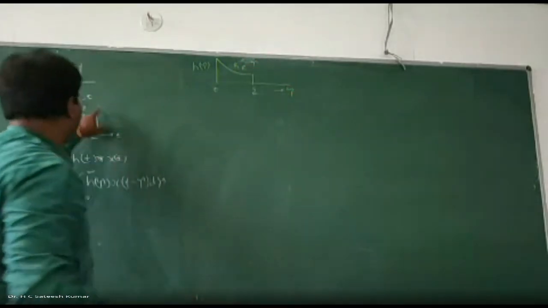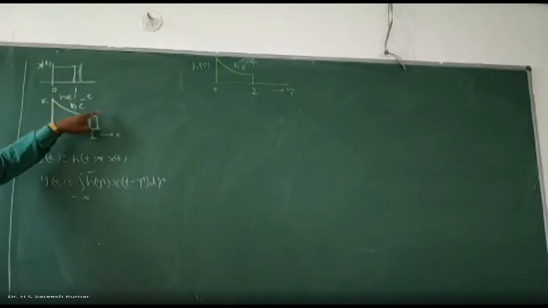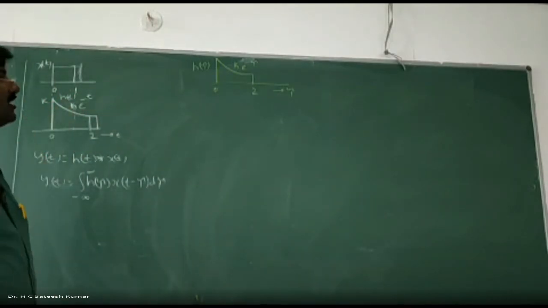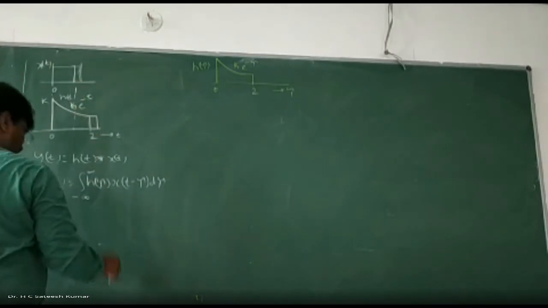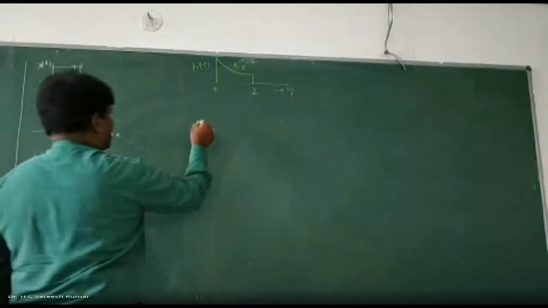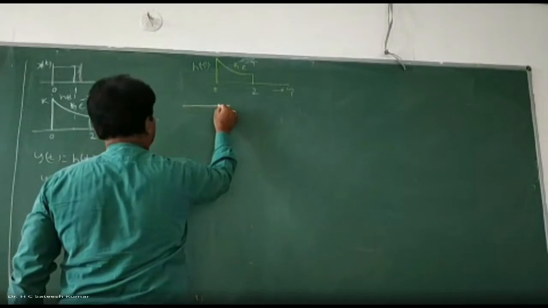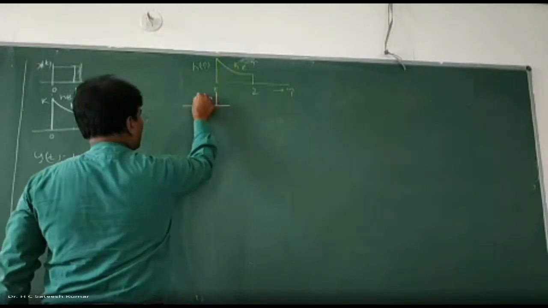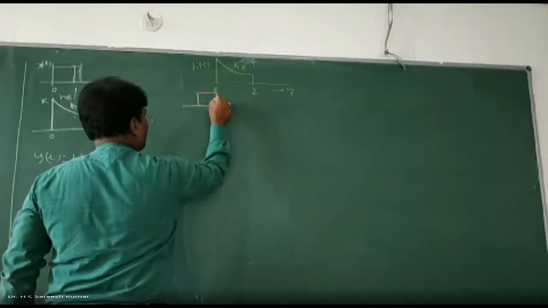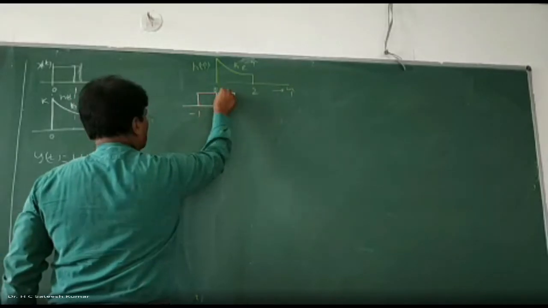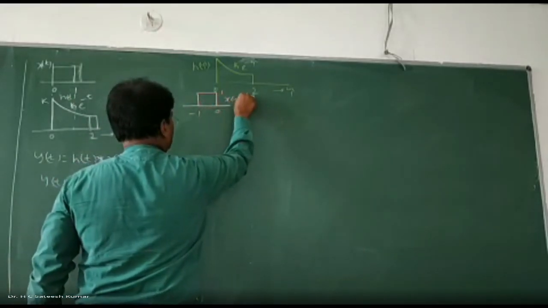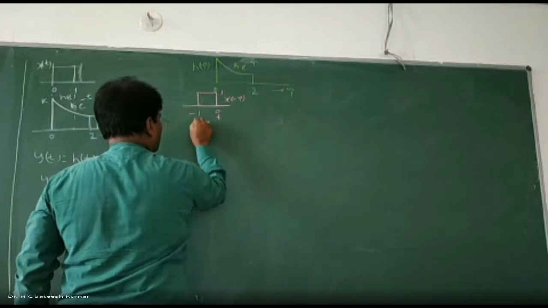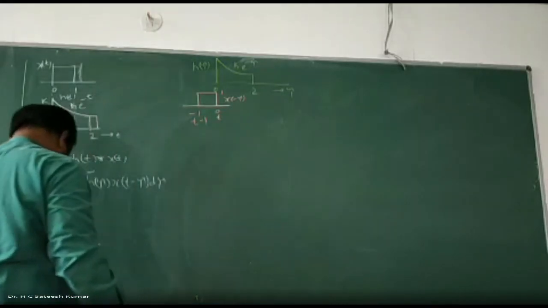Wherever t is there, replace it by tau, right? H of tau. X of minus tau, this is 1. X of minus tau is folded like this, 0, minus 1, 1. X of minus tau. And this is t minus 1.